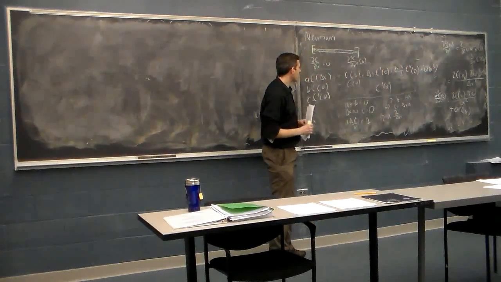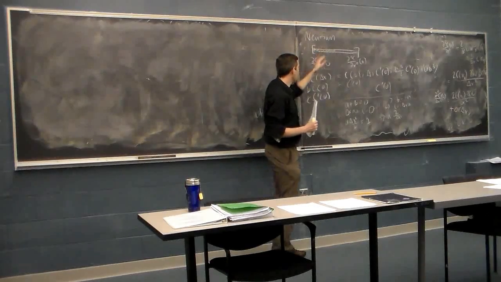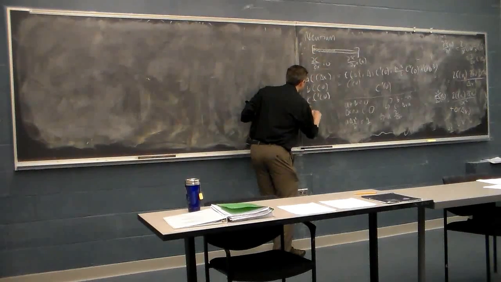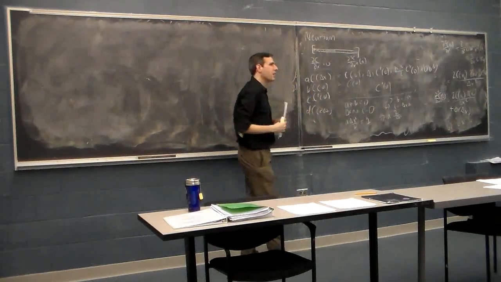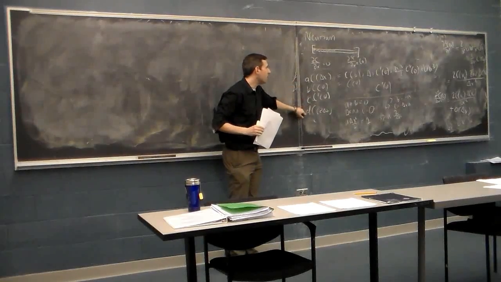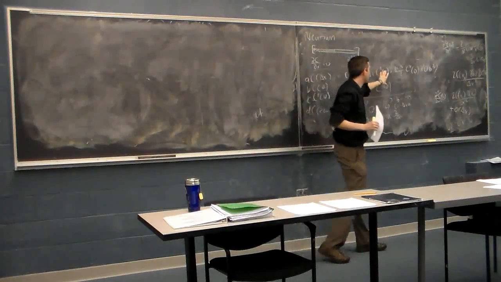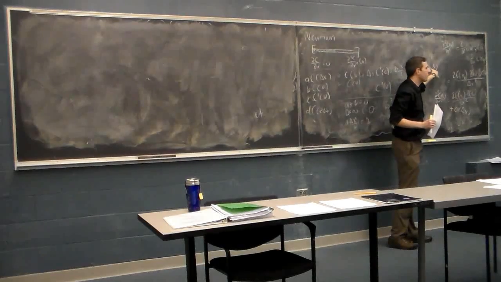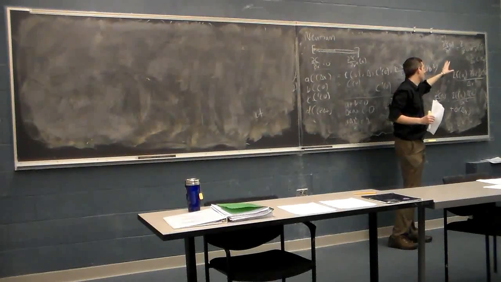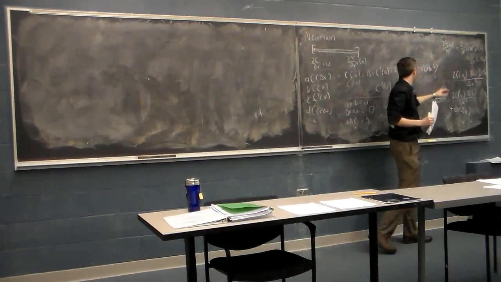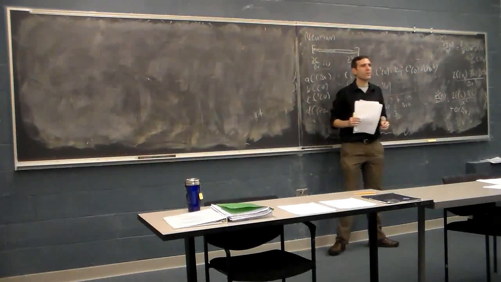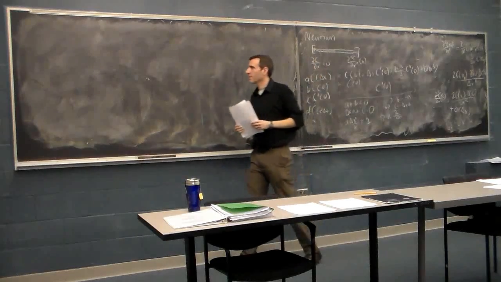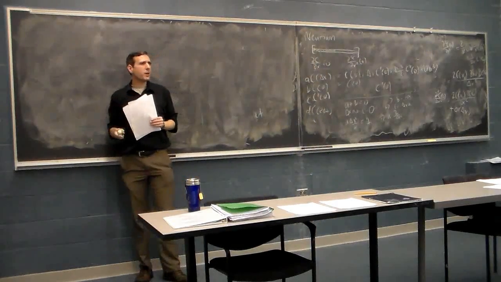And the most obvious thing to do would be to throw in one more term, a d times C of 2 delta x, to take the next point inward, and then solve for a, b, c, and d to cancel out the delta x cubed term, and then we'd be left with a delta x to the 4th term. When we divide through by delta x squared, we get a second order scheme. So any questions about this?